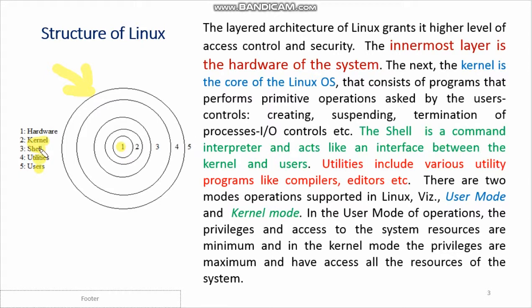Then we have a shell as a program. The term is like a protection. It protects the kernel from other external users and utilities. It does the task of translating the commands to the kernel. So it's like a command interpreter. It acts like an interface between the kernel and users.